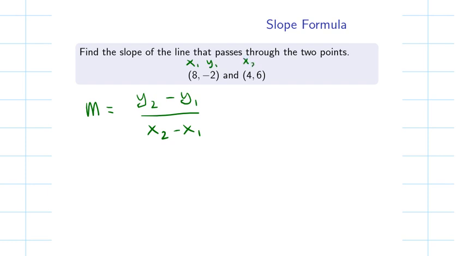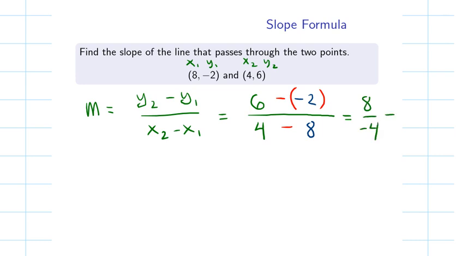It doesn't matter which one we do, we'll get the same answer. So we'll put a 6 and a 4, and that's the second point, and the first point is negative 2 and 8, and we have to subtract them. So it makes sense to put parentheses around the negative 2. And when we simplify it, we get 8 over negative 4, and that becomes negative 2, giving us the slope.